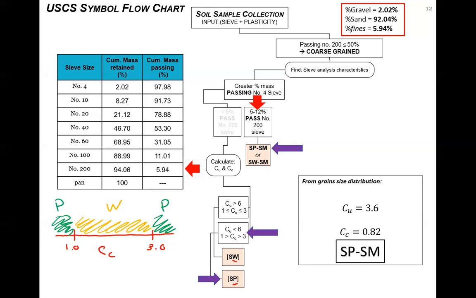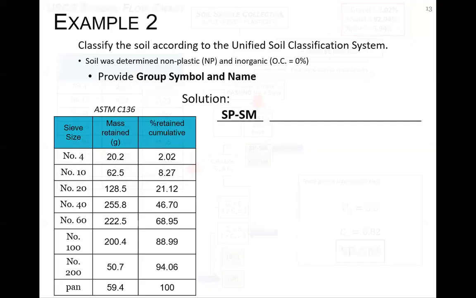We have to go back and double check that tree there because we have the OR option. These little rules right here determine whether it's poorly graded or well graded for any of the sands or gravels or anything like that. So we know it's SP-SM.